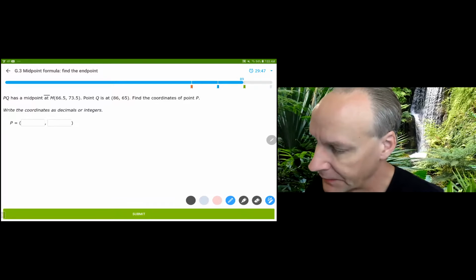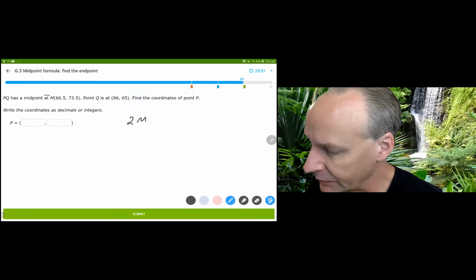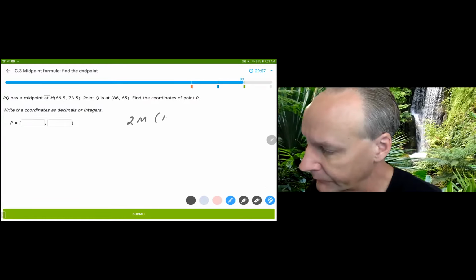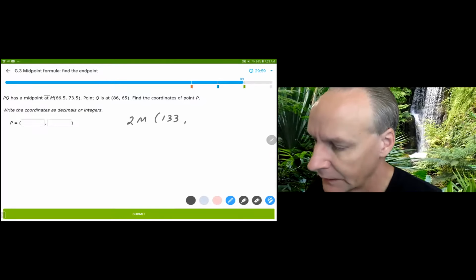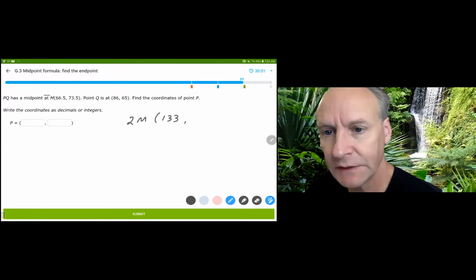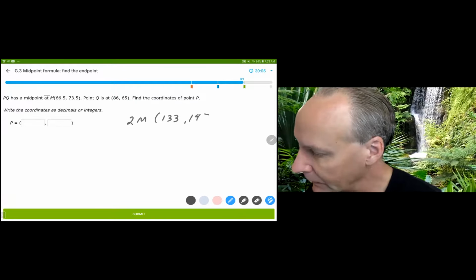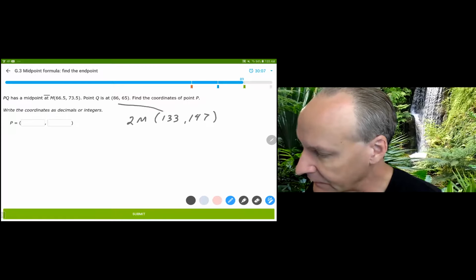All right. Double 66.5. I'm going to double M, double my midpoint. That's going to be 133. And 73.5 doubled is going to be 147. So 86, and I'm going to need some more.